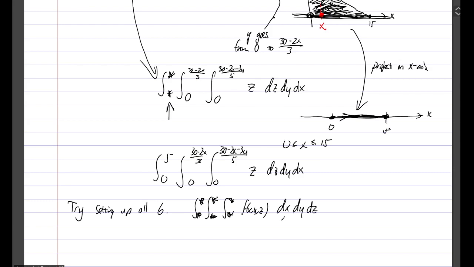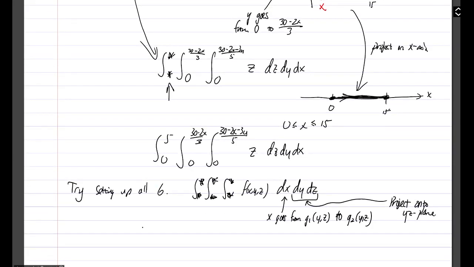So figure out x goes from a function in terms of y and z to, at the largest, a value in terms of y and z again, and then to figure out the y and z bounds, you project onto the y-z plane, and on it goes like that. So try it. Do all 6. Got to catch them all.